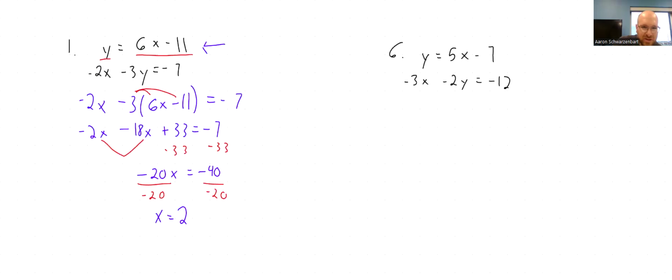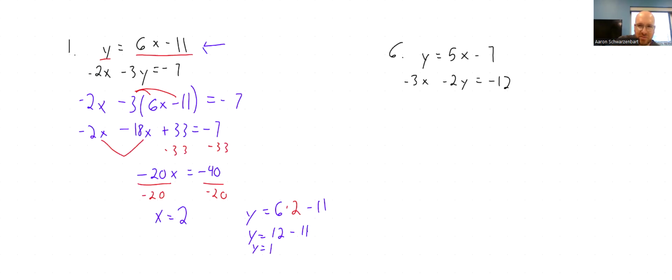And I must plug in x, this being my x value that I just solved for, so 2. 6 times 2 is 12. 12 minus 11 is 1. Okay.